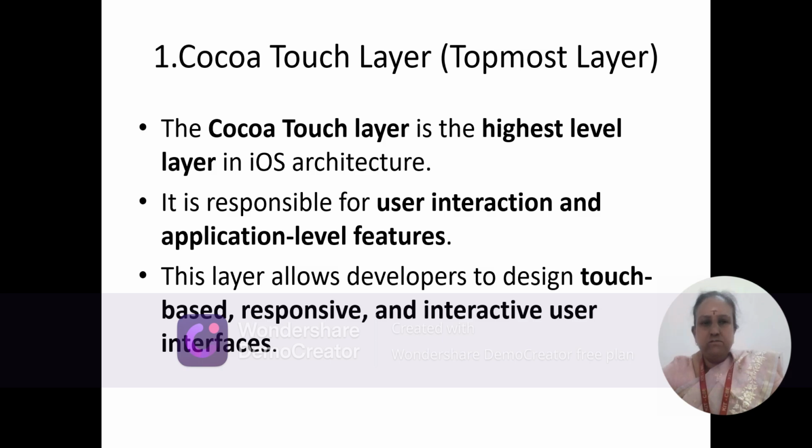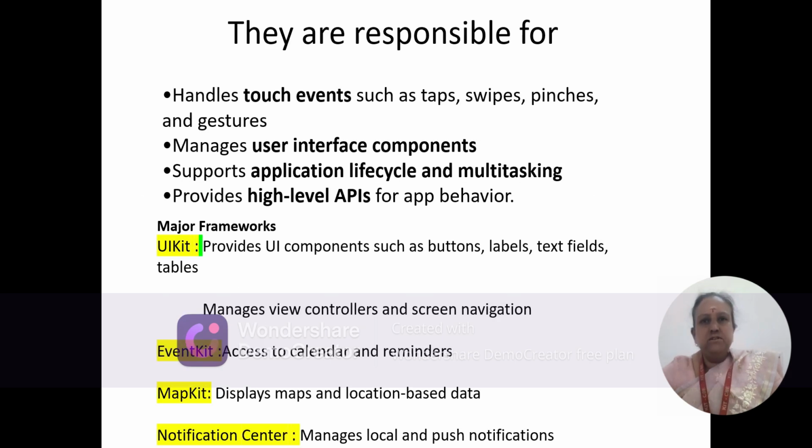So this is the topmost layer which functions for all your user interactions. Whenever you open a mobile, or want to give a password, or give a swipe or a pinch, anything that gives some reaction is handled by this layer.